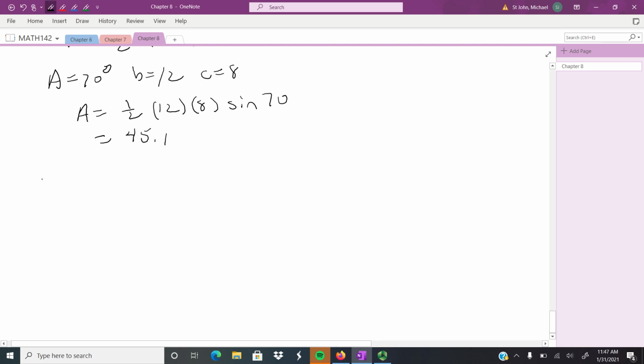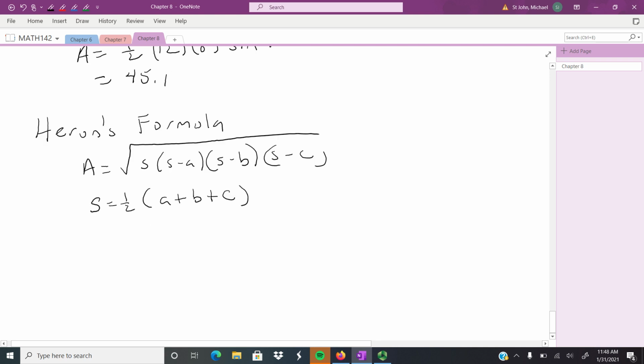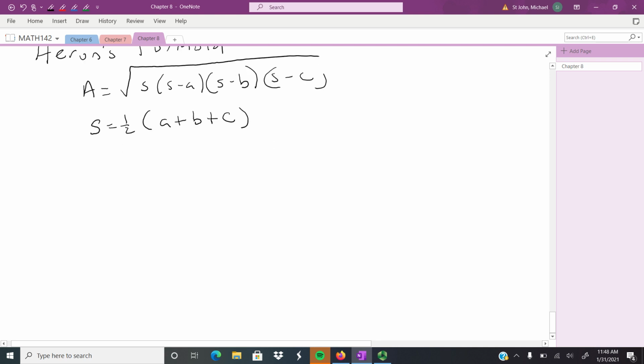Another way is a thing called Heron's formula, and that is given by this, that the area is the square root of S times S minus A times S minus B times S minus C. And S is equal to 1/2 A plus B plus C. So let's look at an example of this.